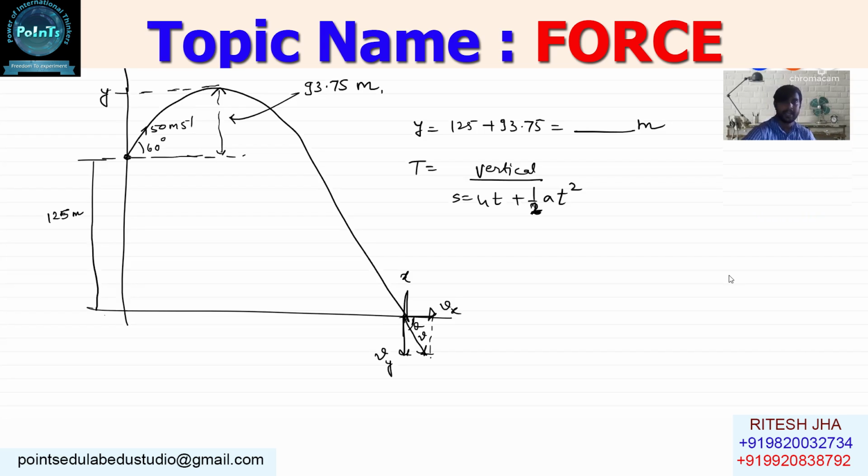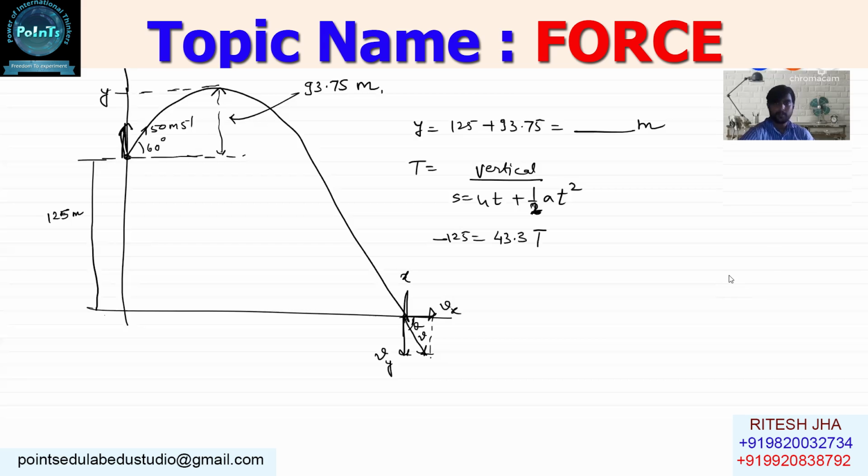For the entire journey, what do you think is the vertical displacement over here? Minus 125. Perfect. What is the initial vertical velocity? That is 50 sin 60, which is 43.3.